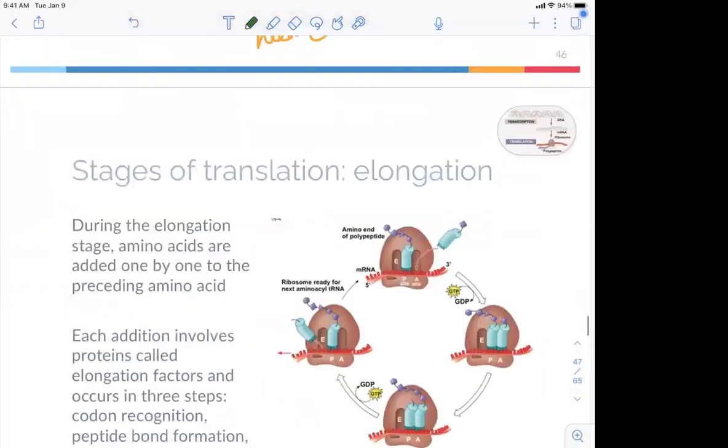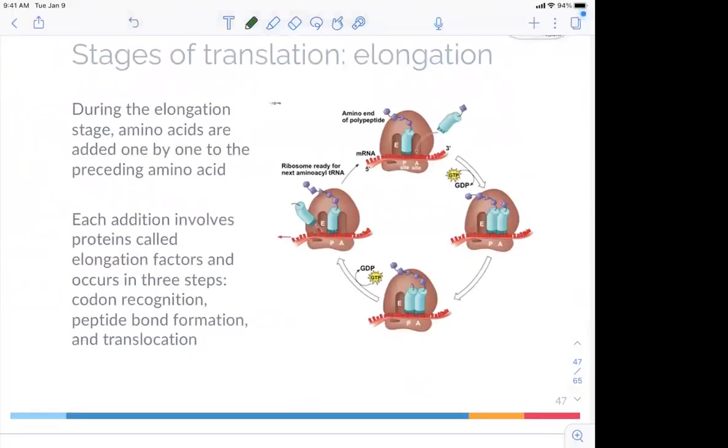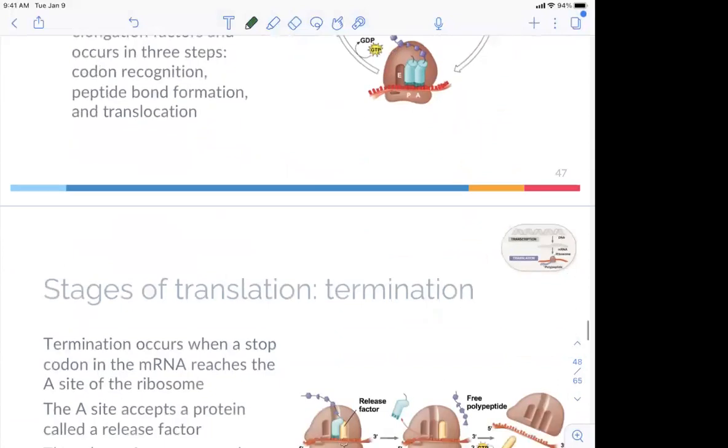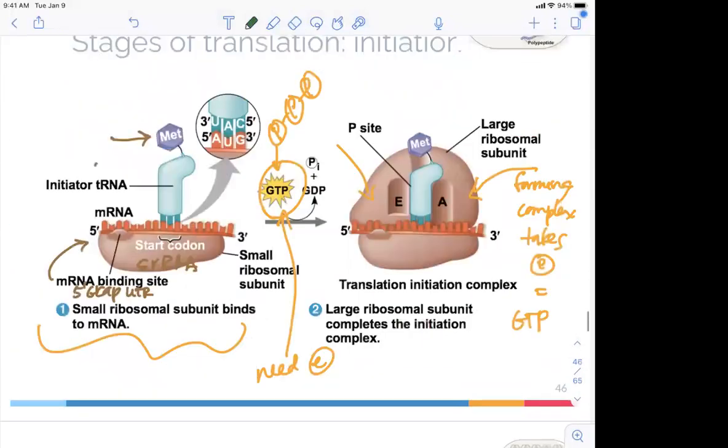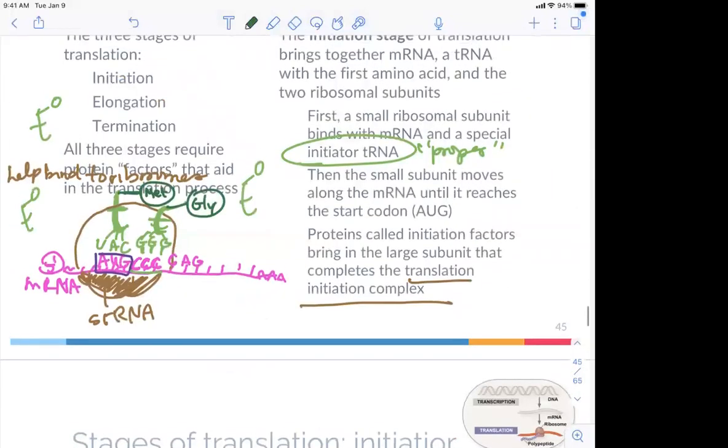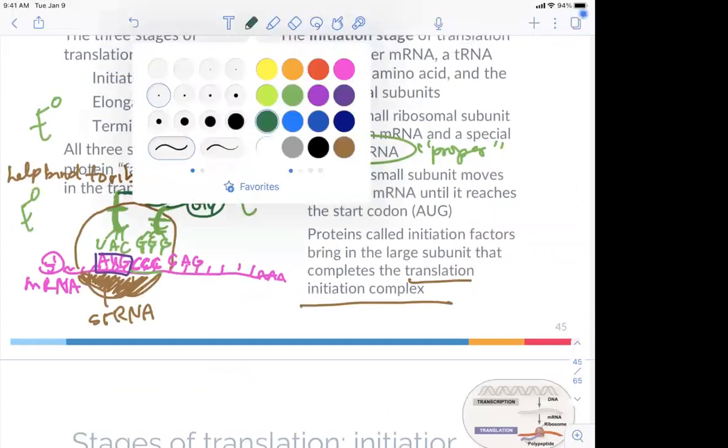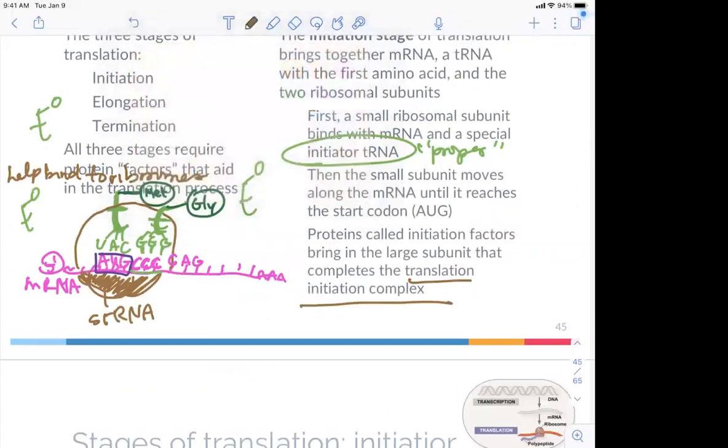Thanks to that next amino acid right next to it, the ribosome itself and its catalytic functions are going to be responsible for forming that peptide bond between these two neighboring amino acids.